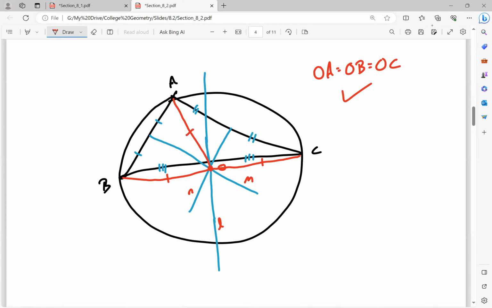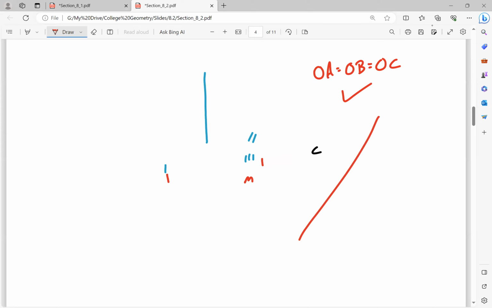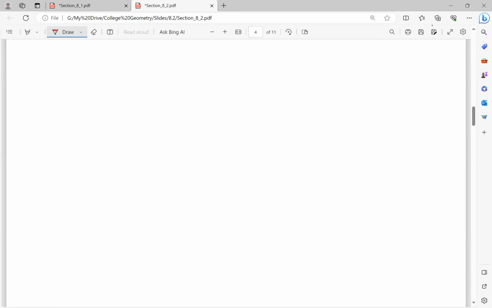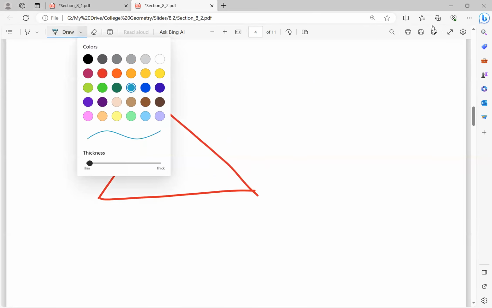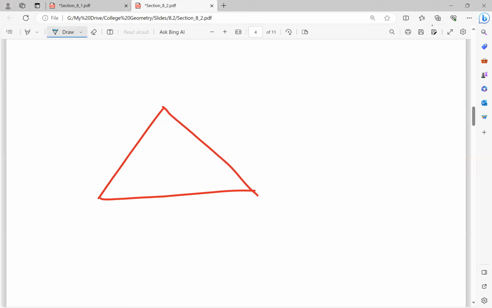So now do it the other way. So now I'm just going to erase this and do the next proof. Okay. So now assume it the other way. Assume that I have a triangle and I have perpendicular bisectors for the triangle. So that's the same, that's the same, that's the same.